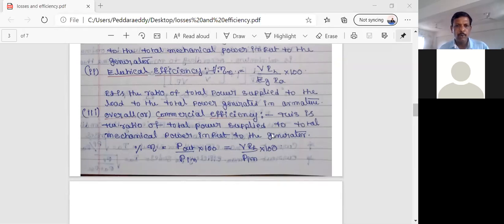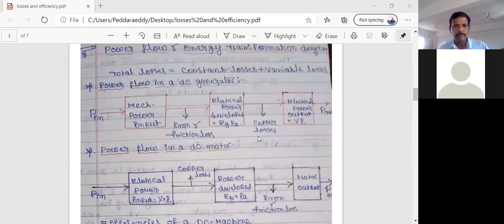So how do you derive them? Very easy. In this block diagram, if you want mechanical efficiency, this is the input and this is the output. When we compare these two, output by input, so output EgIa by input P input, the mechanical input.